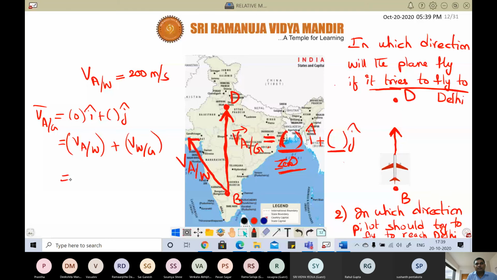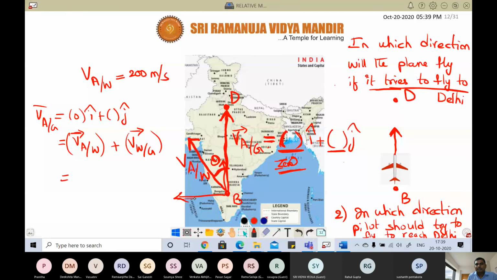So now what I'll do is I'll take this angle as some theta. So theta is there, correct? Now, what is the velocity of the aeroplane with respect to wind? This is a vector, so it will have two components. One is this side, one is this side.